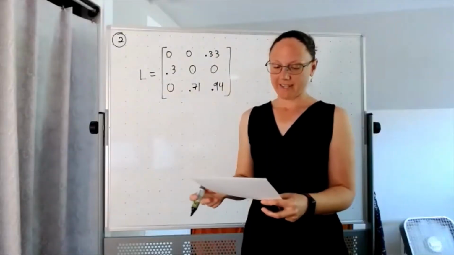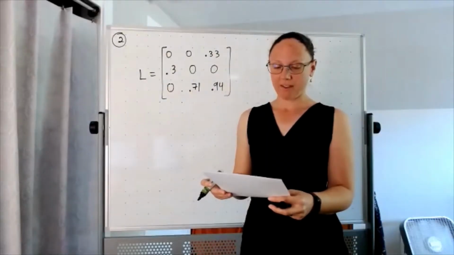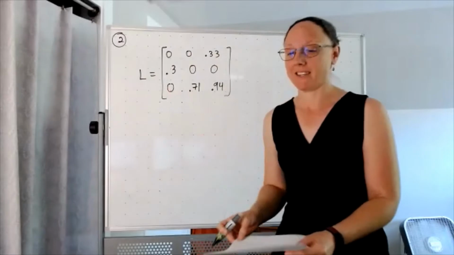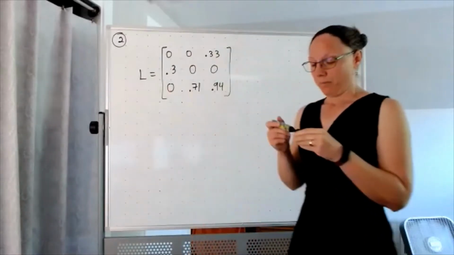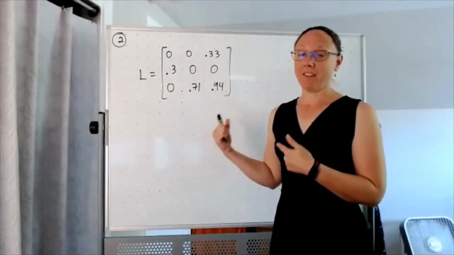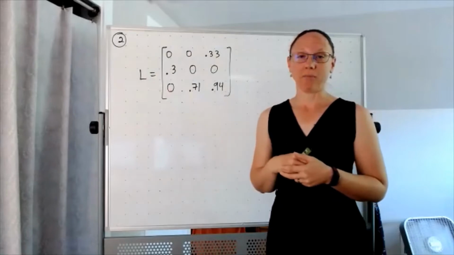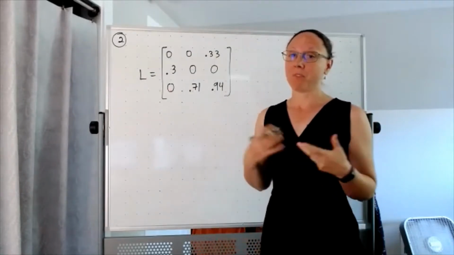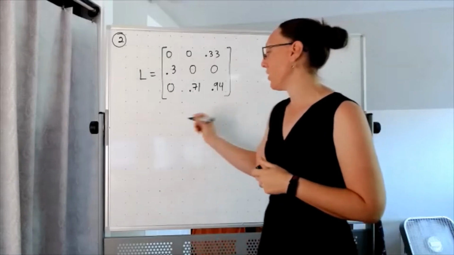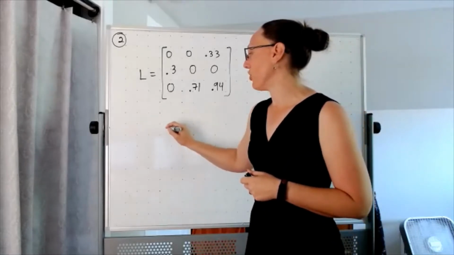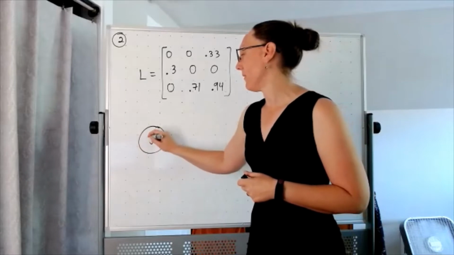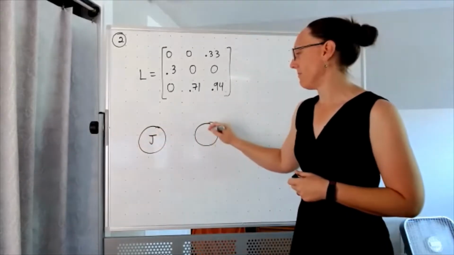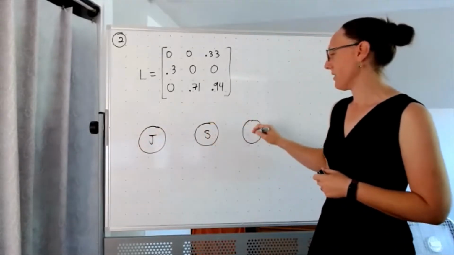First part asks us to draw the matrix diagram that's modeled by this Leslie matrix. Well, I know from looking at this matrix, because it's 3 by 3, that we have 3 age classes. And in this statement of the problem, we've been told that those age classes we are going to call juveniles, subadults, and adults.